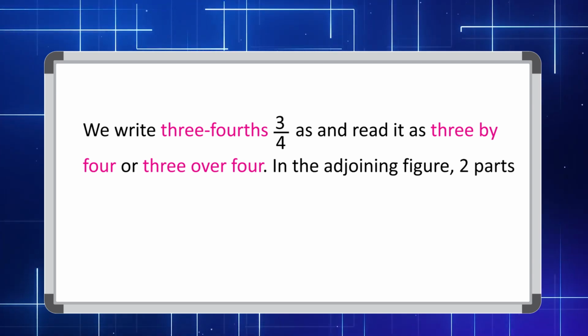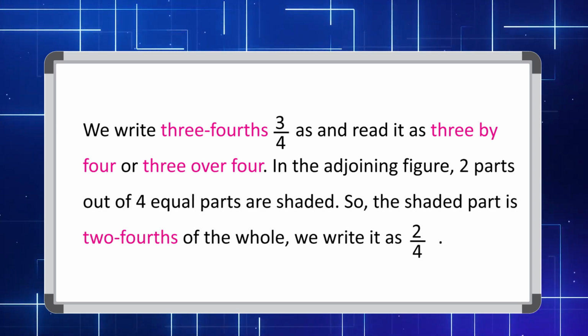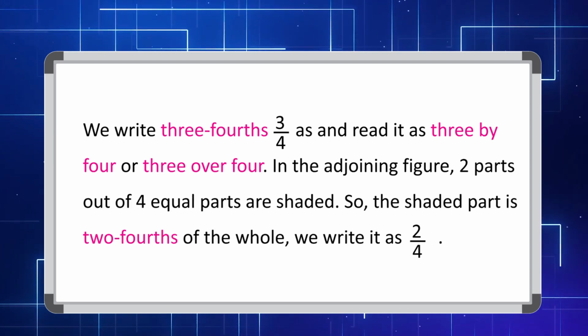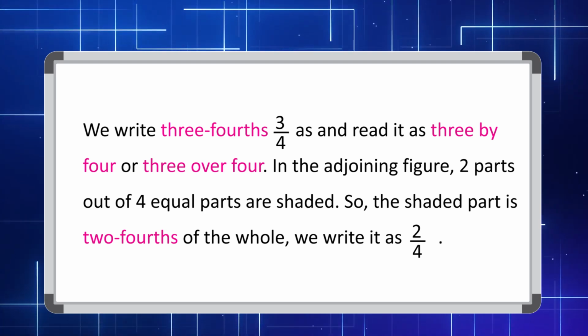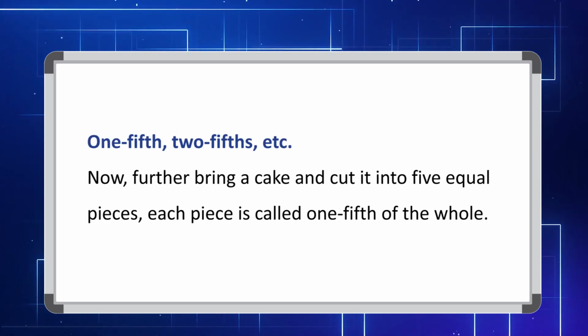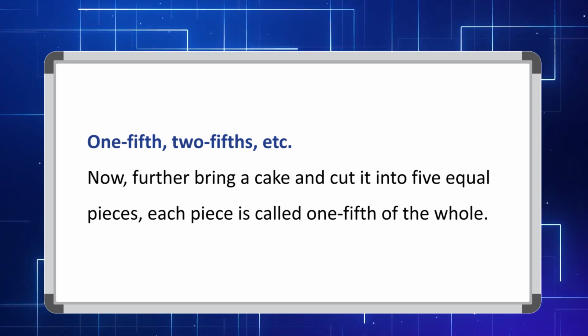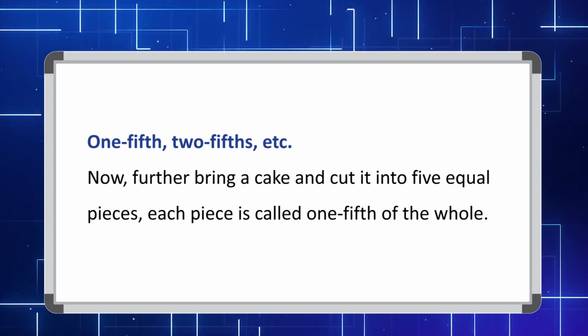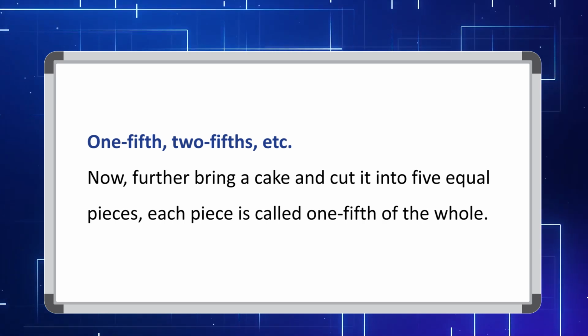In the adjoining figure, two parts out of four equal parts are shaded. So, the shaded part is 2/4 of the whole. We write it as 2/4. 1/5, 2/5, etc. Now, further bring a cake and cut it into 5 equal pieces. Each piece is called 1/5 of the whole.